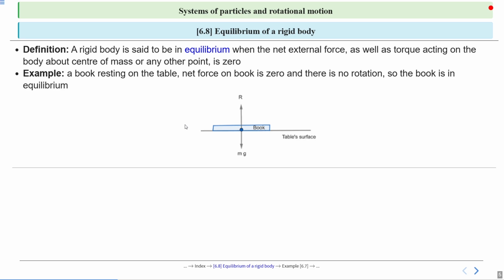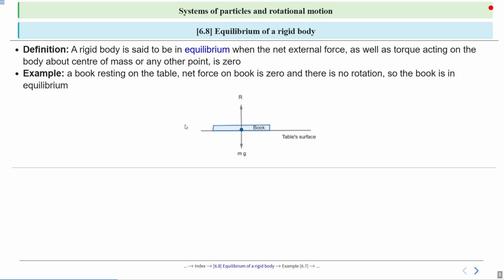Example. Suppose we have a book resting on the table. We can say this book is in equilibrium when there is no linear acceleration and no angular acceleration.